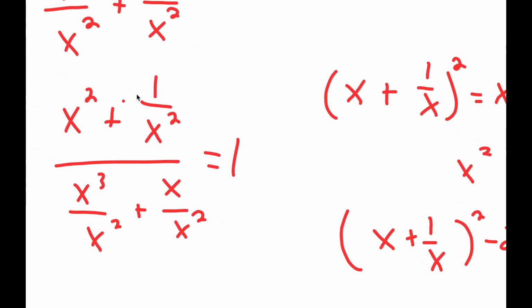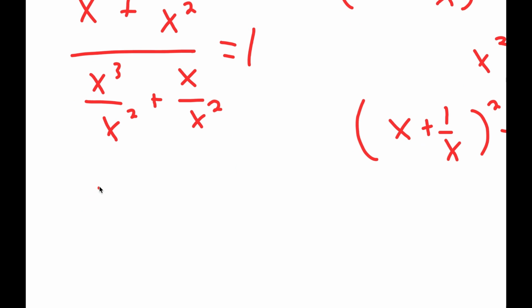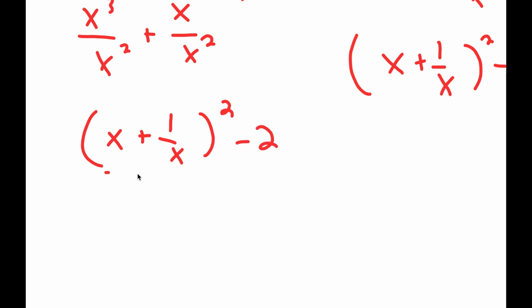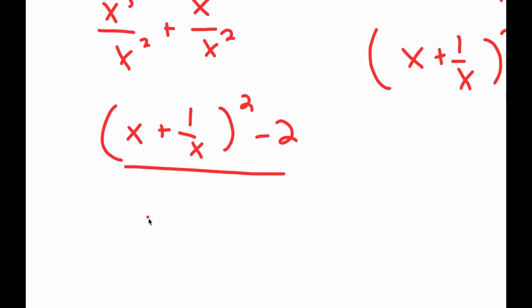And that's exactly what we have over here. We have x squared plus 1 over x squared, and I'm going to rewrite this as x plus 1 over x squared minus 2. So I have that over x to the power of 3 over x squared is x, and x over x squared is 1 over x. So all of this is equal to 1.